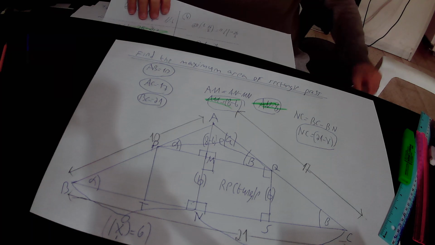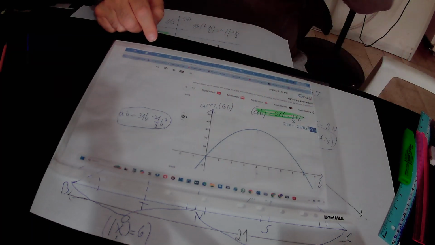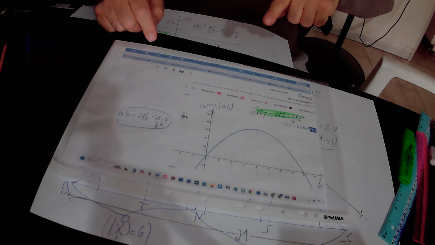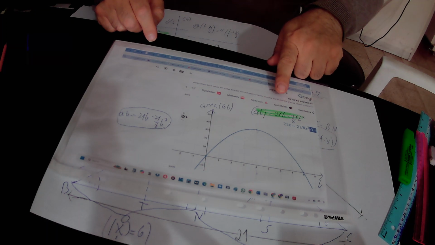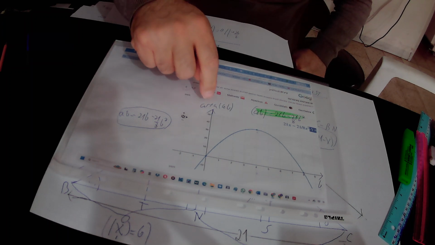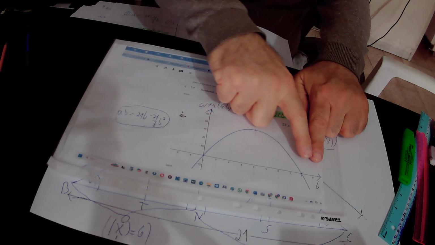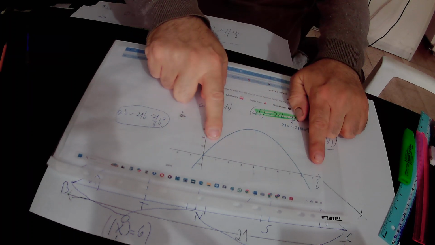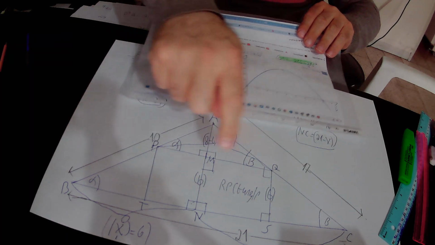So actually, this is the function area of rectangle PQST. That is to say, the area of rectangle PQST equals 21b minus 21 over 8 b squared. On the y-axis we have the area, and on the x-axis we have the value of b, that is the width of this rectangle PQST.